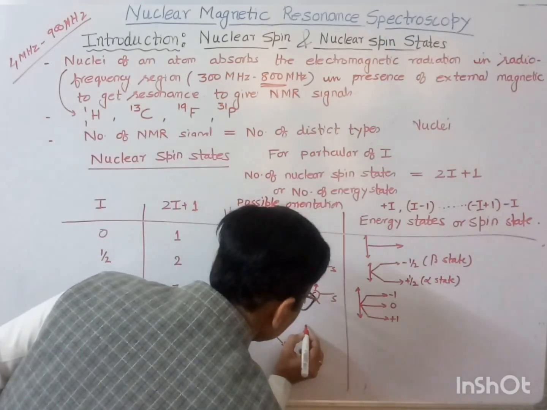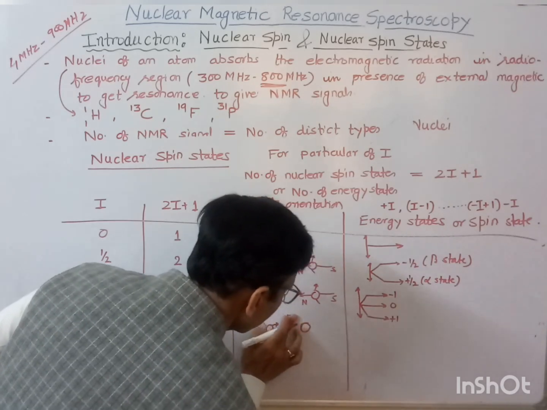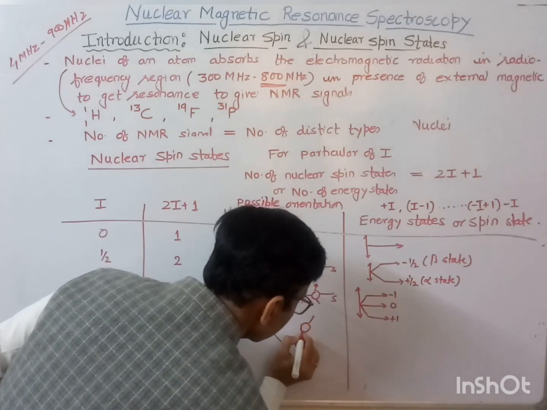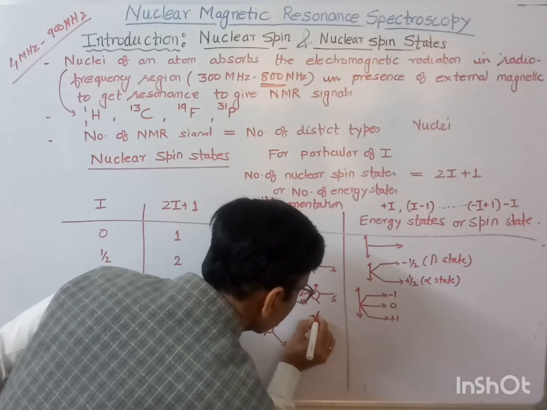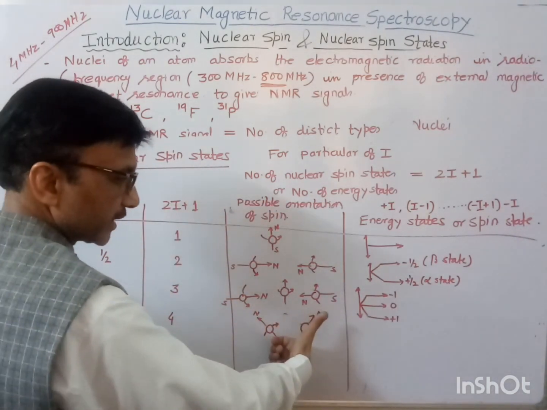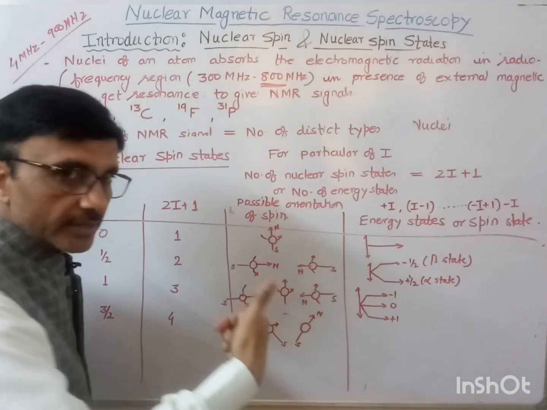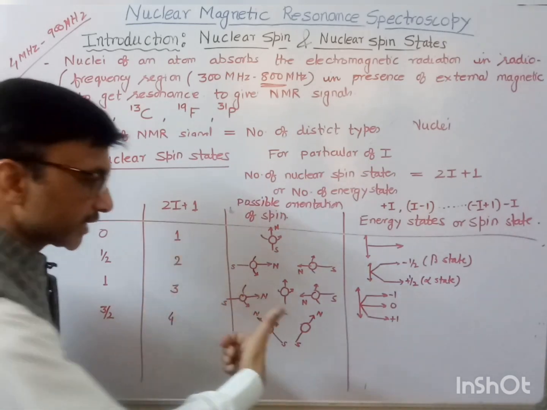Here, suppose this is another possible orientation, this is north, this is south. As you can see, this is the magnetic field. The thumb is the direction of the magnetic field.